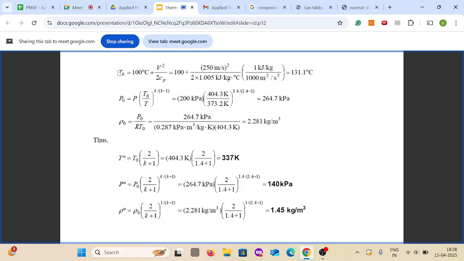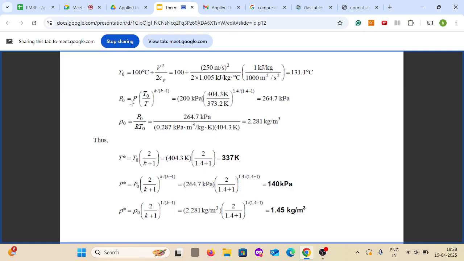So first T naught. We know the inlet temperature is 100 degrees Celsius. T naught is T plus V square by 2 Cp. So T is 100, V is 250, so 250 square divided by 2 into Cp, which is 1.005 for air. Converting kilojoule into joule, we get 131.1 degrees Celsius.